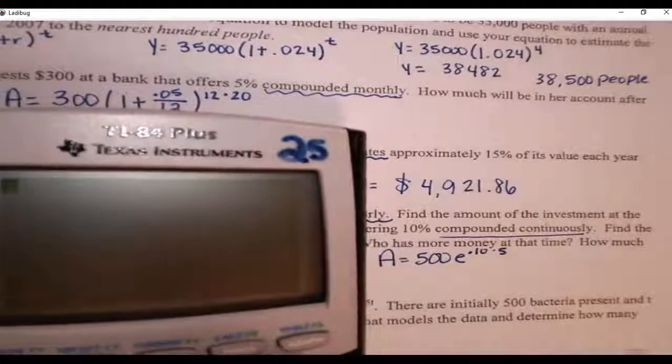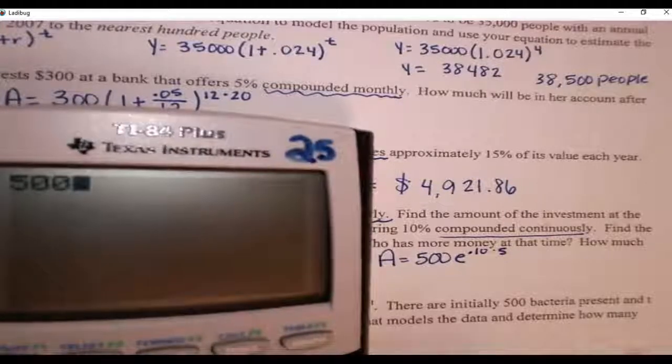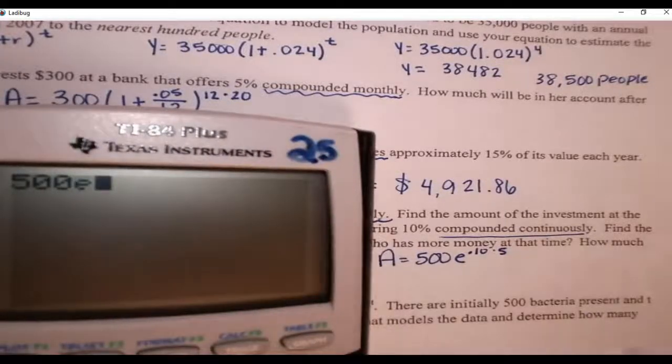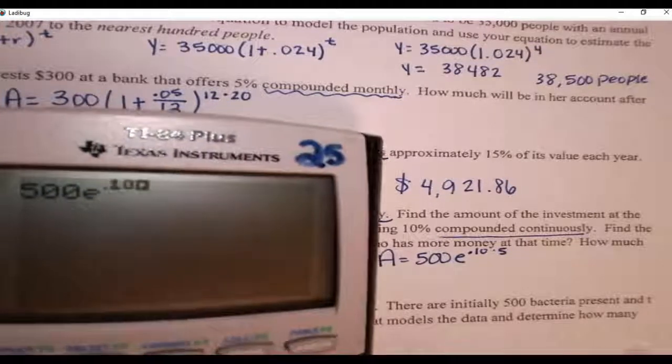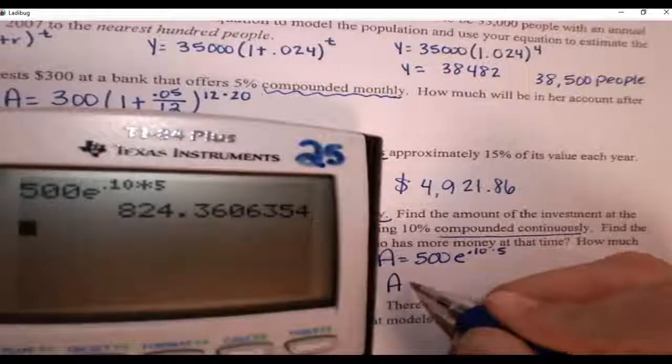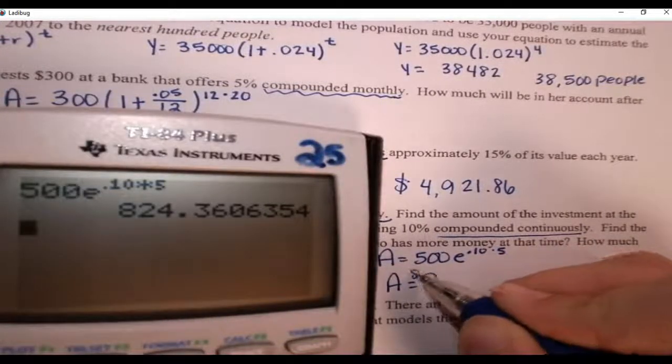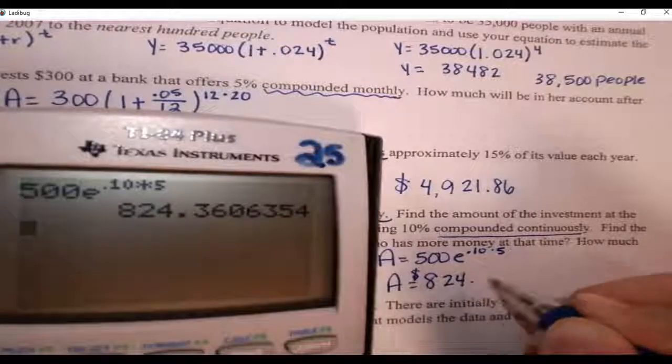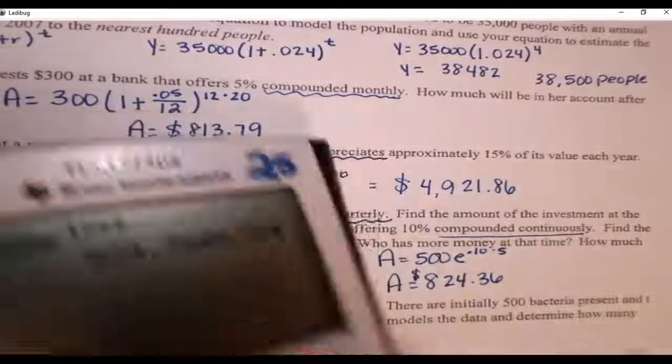So to type that one in, 500. Again, to get the E, you hit second division. And then 2E, 0.10 times 5. Enter. So she has $824.36.